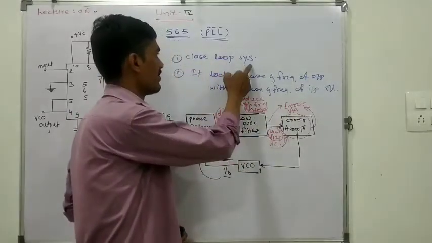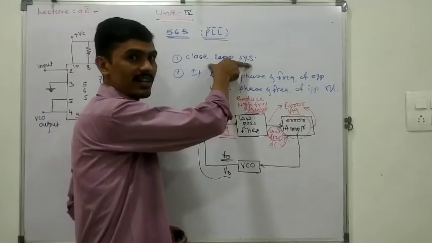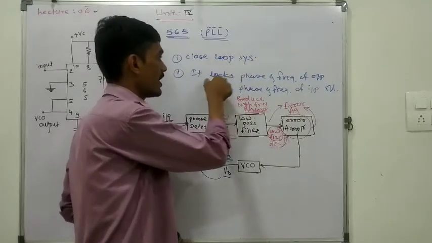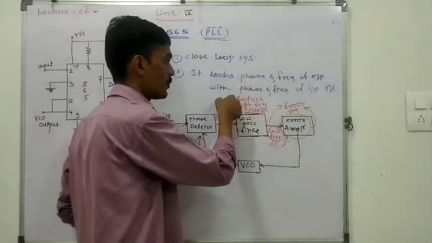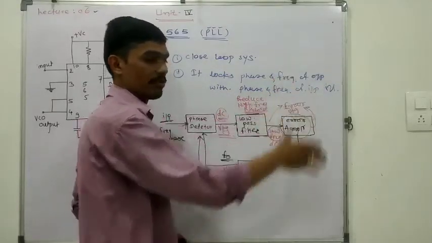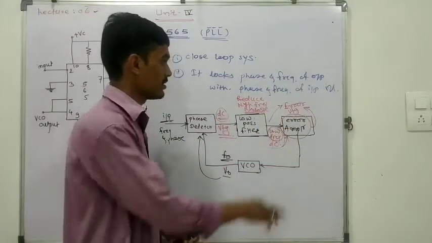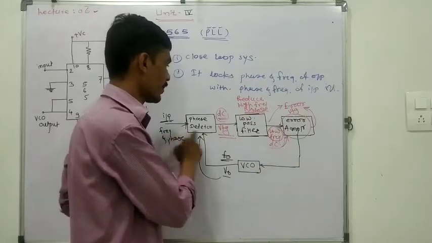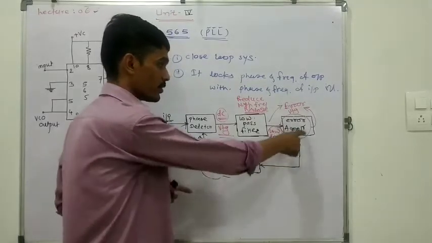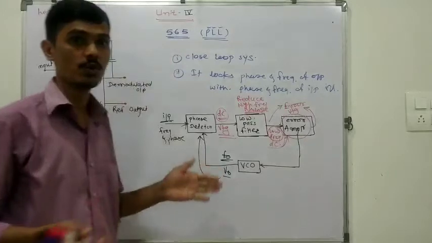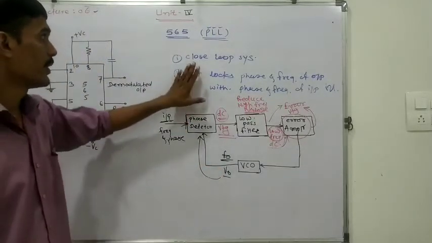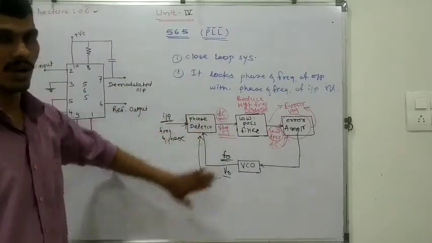In the definition we already mentioned that it locks the phase and frequency of the output with the phase and frequency of the input. That means here it is the input and this is the output, so we are just matching these two. In this way this PLL will work.